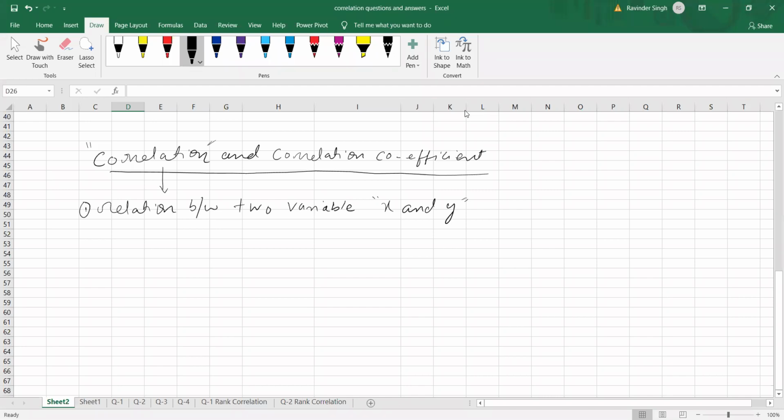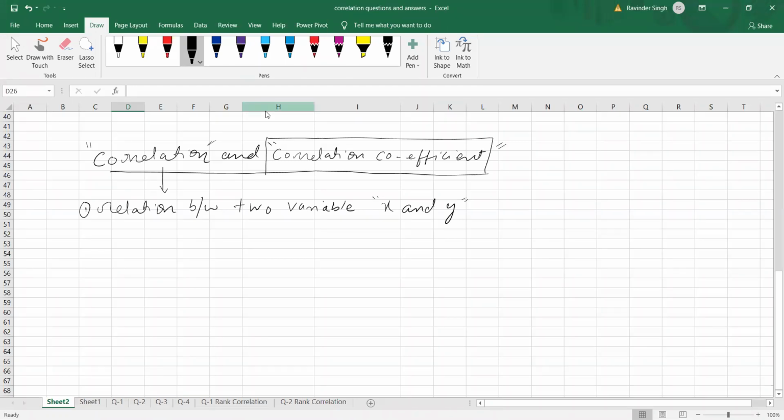To check whether x and y have a relation or not, we have many methods. The value which it gives for the relation, whether x and y are related or not and how much they are related, is what we call the correlation coefficient.